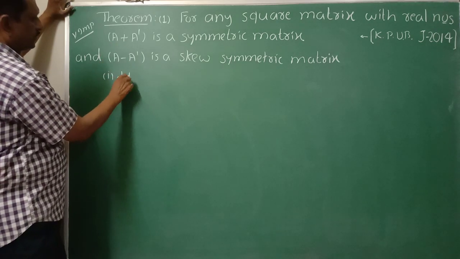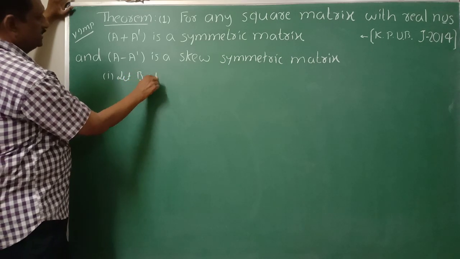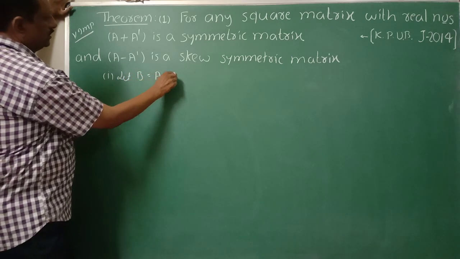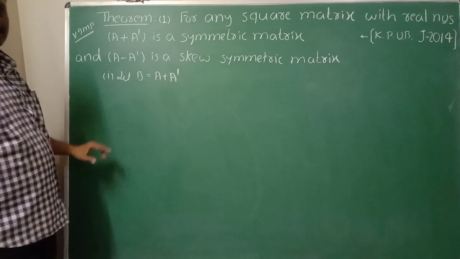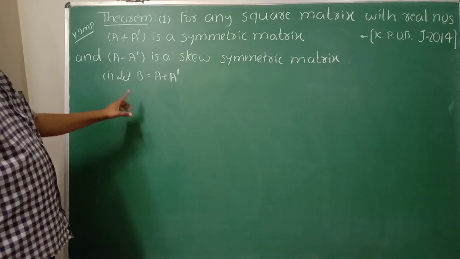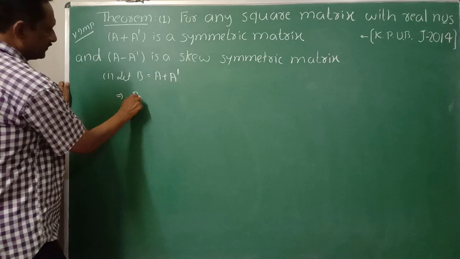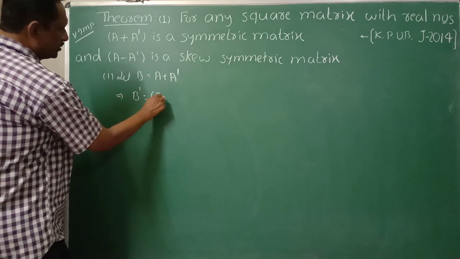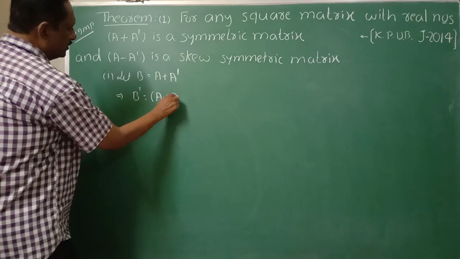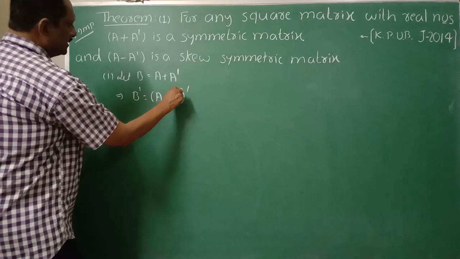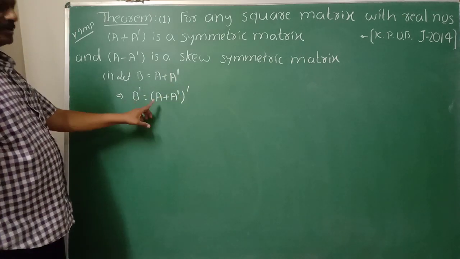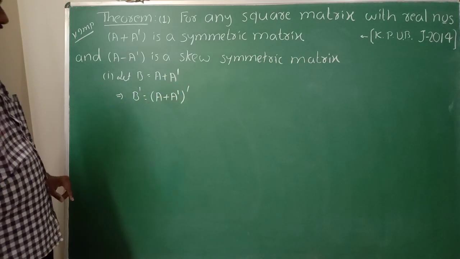Let B is equal to A plus A dash. Now taking a transpose on both sides here, therefore this implies B dash is equal to A plus A dash, it's a dash here. Okay, taking a transpose on both sides here.